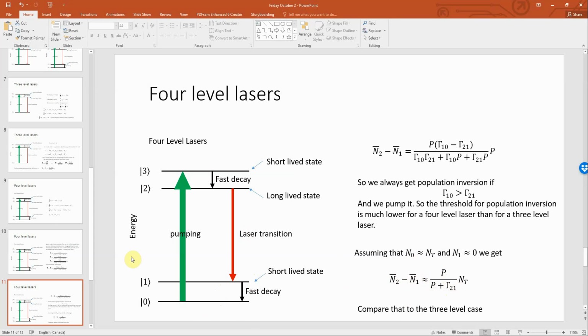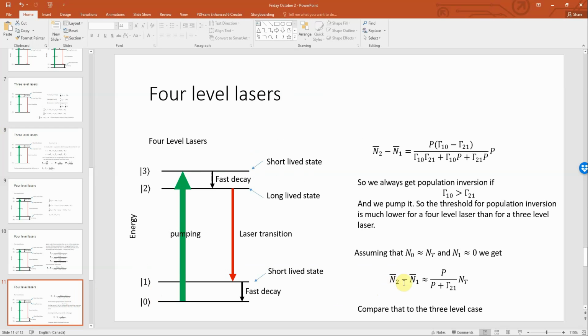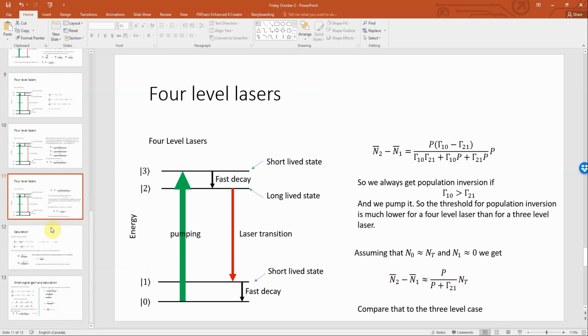Let's compare that to the 3-level laser here, where the population difference is the pump minus gamma 2-1 over pump plus gamma 2-1, whereas here we have just the pump over the pump plus gamma 2-1. So we don't have to take into account that pump minus this spontaneous emission rate. That's why it's so much more efficient, which is why 4-level lasers are interesting. High power lasers will almost always be 4-level lasers.